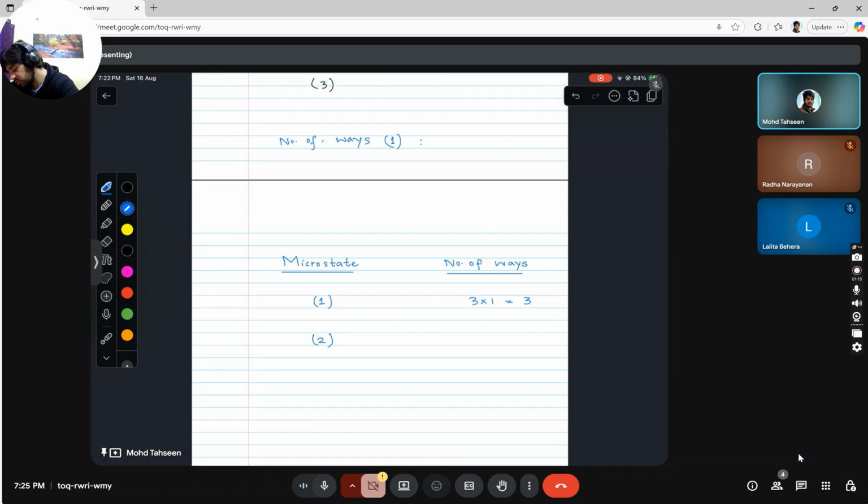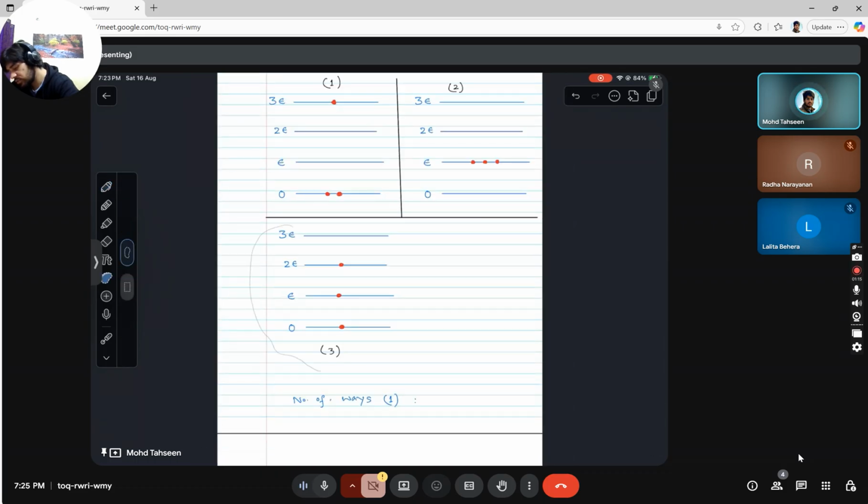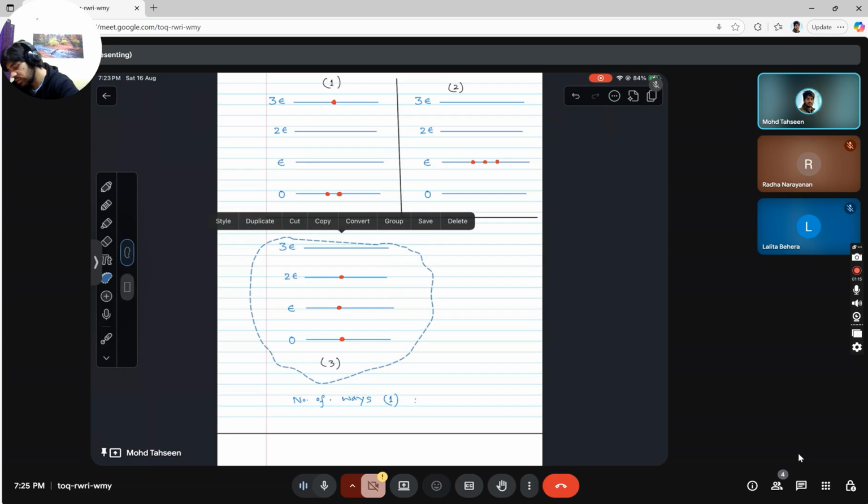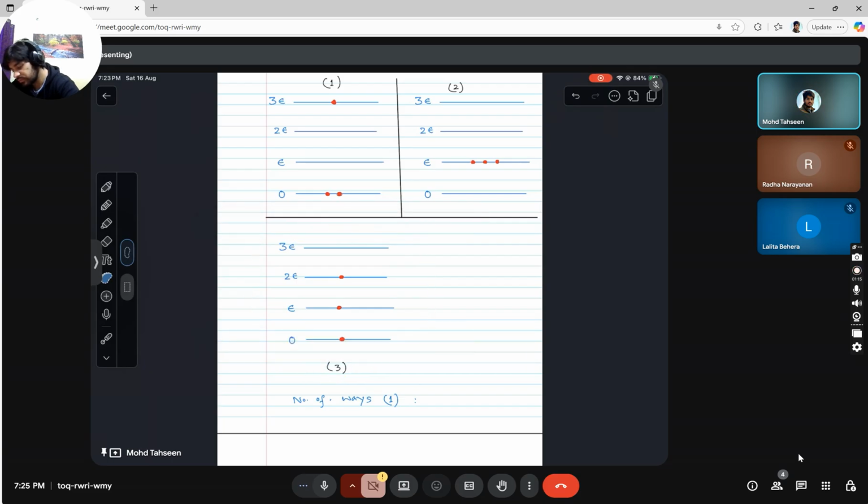And for the third microstate, what is the total number of ways? Now here we have a choice, right? If we consider this one, there are 3 ways of choosing this. We have 3 particles and we have to put 1 particle here. So we can put either the first particle or the second particle or the third particle, right?